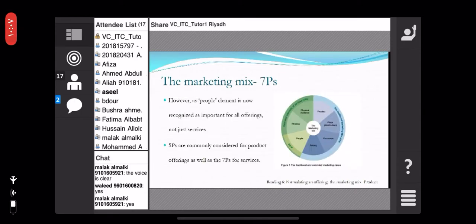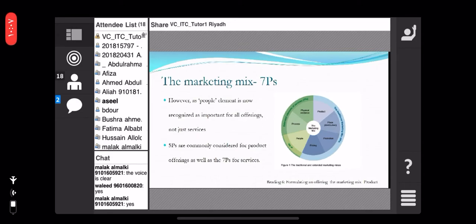The marketing mix, 7 P's. Remember one thing: when we hear the word 7 P's, they are always used when we talk about services.